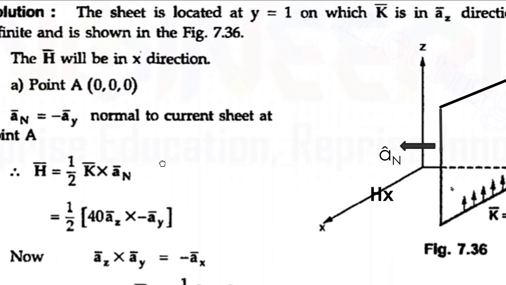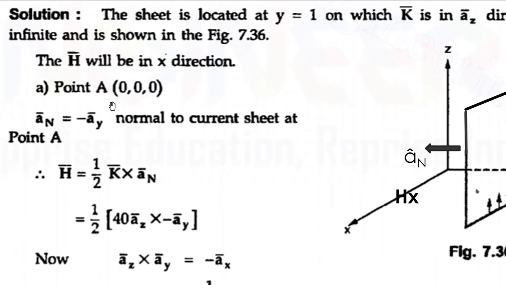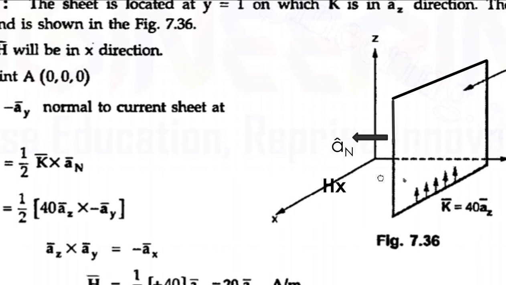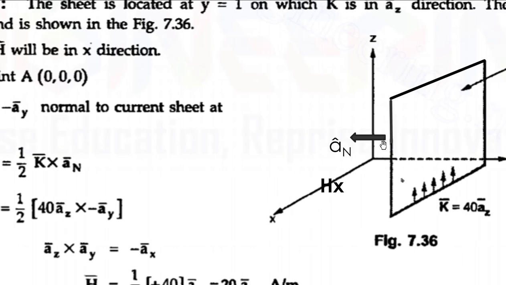So in the first problem, we want to find the intensity at point A (0, 0, 0). This point A is at the origin, so the a_n cap vector should point in this direction. So it is normal to this current sheet and it is going towards the minus a_y direction, right?